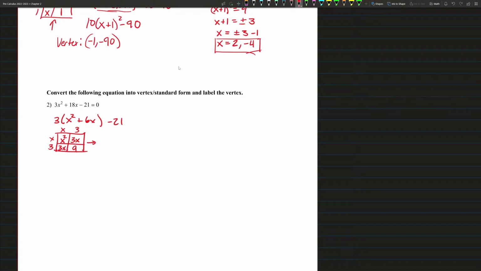So this turns into 3 times x squared plus 6x plus 9 minus 21. Because we added 3 times 9 in, we also have to subtract 3 times 9. So we're subtracting 27. So then we get 3 times x plus 3 squared minus 48. So then our vertex is negative 3, negative 48. And then we're done.